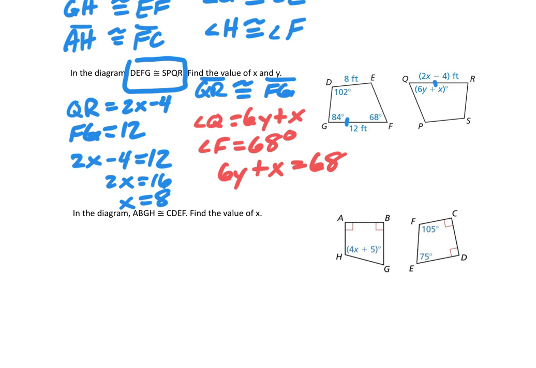And we said x is 8. So x can be replaced with 8. So 6y plus 8 equals 68. Plug it in. Now we solve. 6y equals 60. And we get y equals 10. And that would be our two variables.